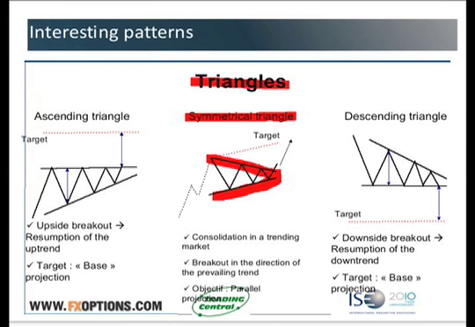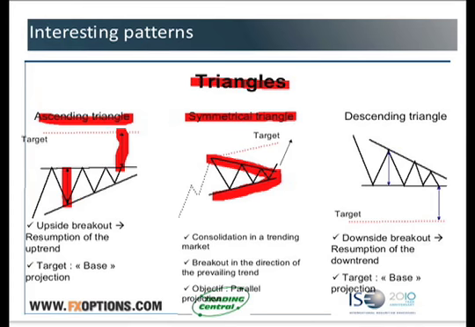Triangles are very interesting patterns, because targets are really well identified, and it is very easy to find the targets. You take the base of the triangle, for example in the case of an ascending triangle, and you report this height to the resistance, from the base of the breakout, and you have your target.